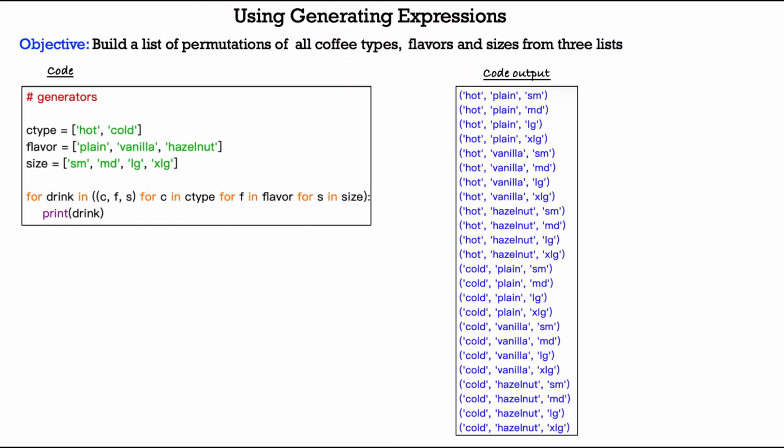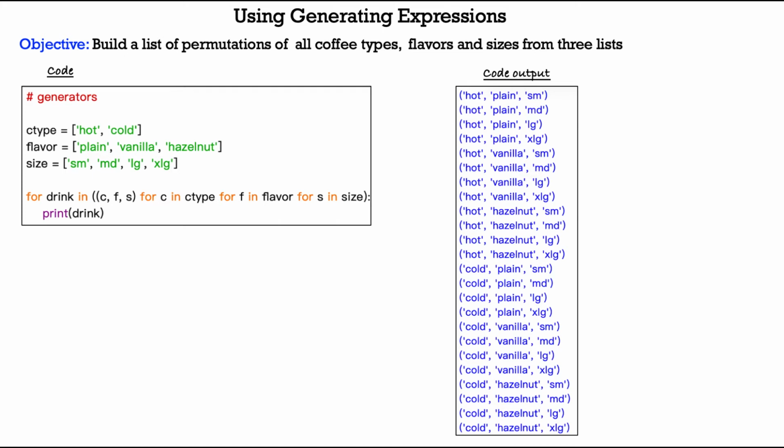And let's look at the power of this generator expression here, where we feed it 3 separate lists, and we create a list of permutations of all the different types of coffees that could be created amongst all these different lists. Is it hot or cold? What's the flavor? What size is it? So one line of code in essence, one for loop using these lists.